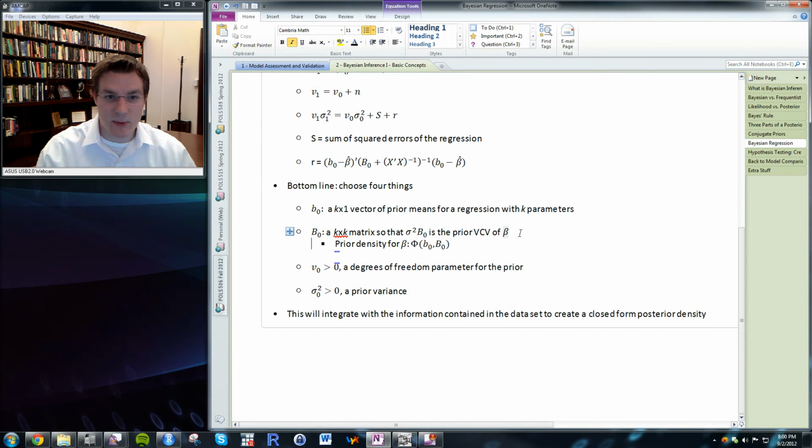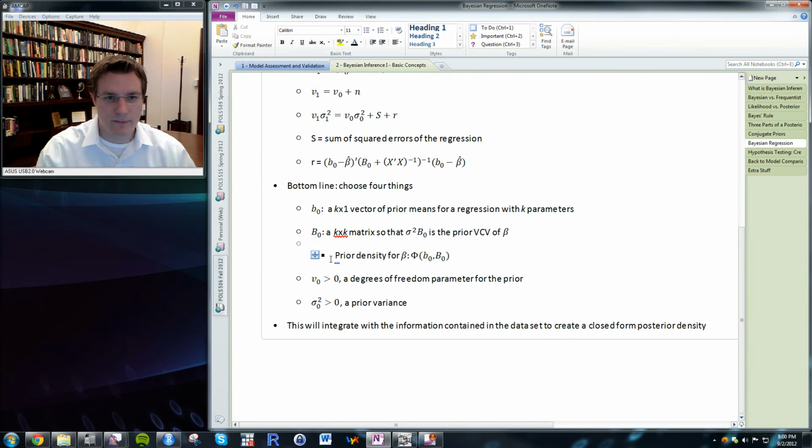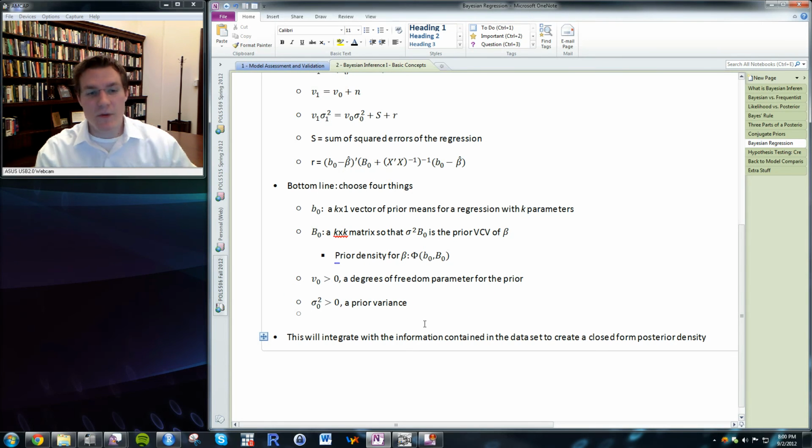So that's what these things turn into. And then I need to specify two things for the dispersion: v0 and sigma 0 squared. These give me a prior density for sigma squared.